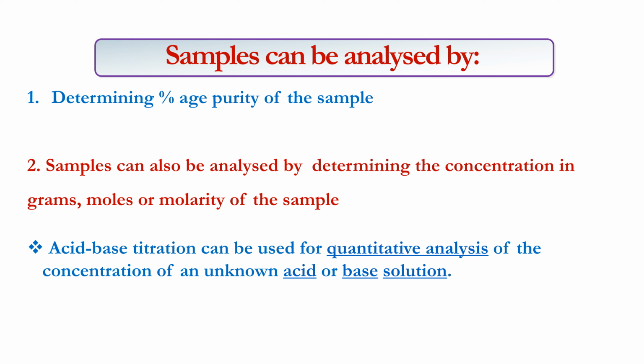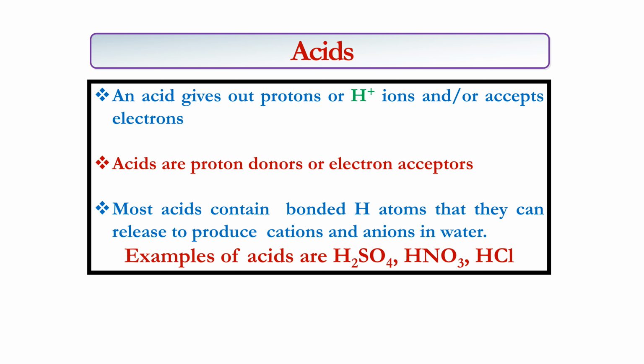So these are some of the ways which we use to analyze samples in the lab. We can either determine the percentage purity, or we can determine the concentration in grams or moles or molarity of the sample. Now we look at acids. What is an acid?